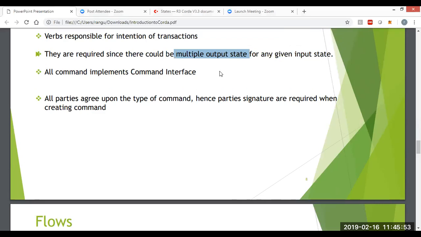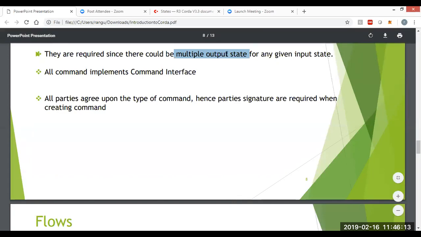I could still construct a state out of two different states. I could take only the name from state one, and the ID from state two, and construct a new state. So it is consuming two states and creating one single state. Clear with this, or am I messing around?